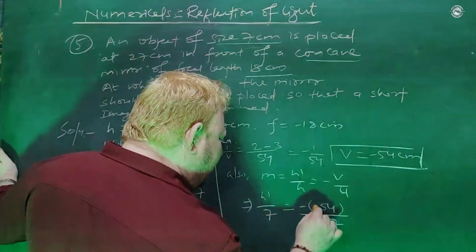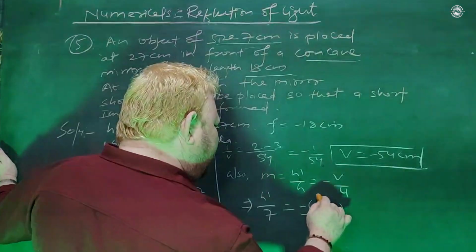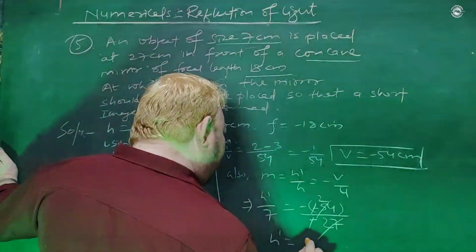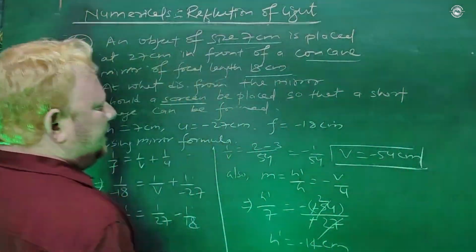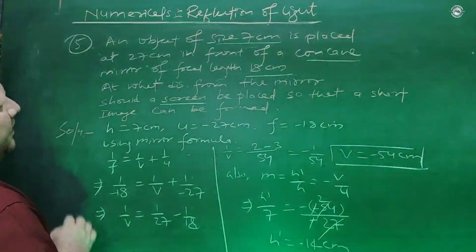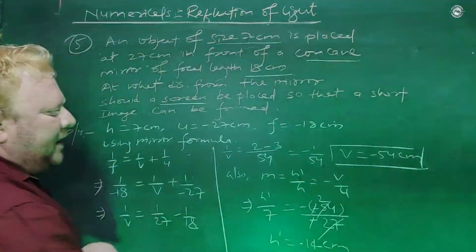Now this minus will be cancelled out, and 27 goes 2 times. So h dash is equal to 14 centimeter, and will be in minus sign.